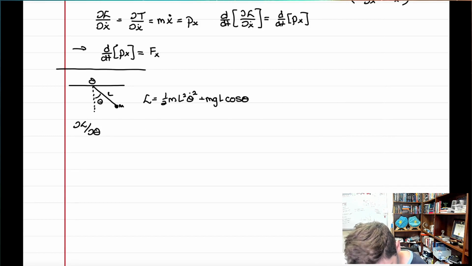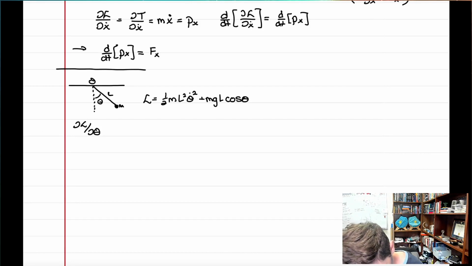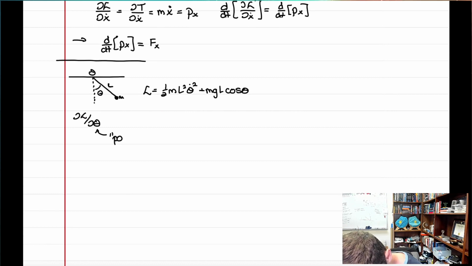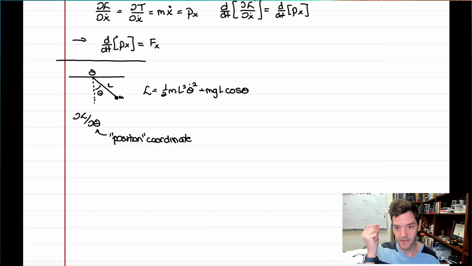So I can ask myself, what is going to be the partial of L with respect to theta? This, in a case, is a position coordinate, in that it doesn't have units of meters, but it is specifying kind of the location of my system. So you can think of this as kind of a general position coordinate, right?